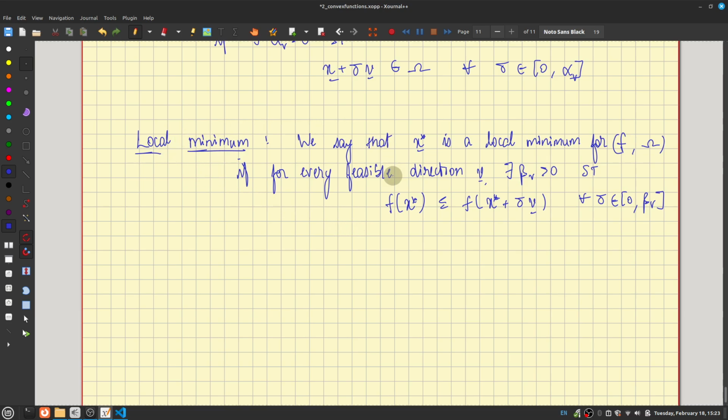So another way of defining a local minimum would potentially be the following.